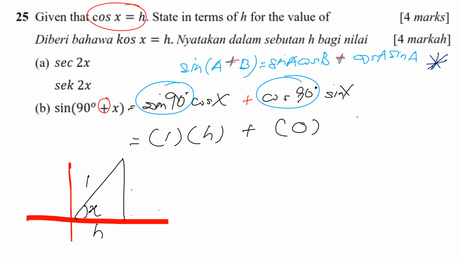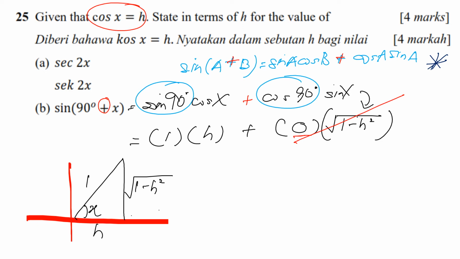By following the Pythagoras theorem, the hypotenuse is 1, so the side is square root of 1 minus h squared. For sine, it should be opposite over hypotenuse. Is it necessary to sub this? No need, because anything that multiplies with 0, the whole thing is 0.